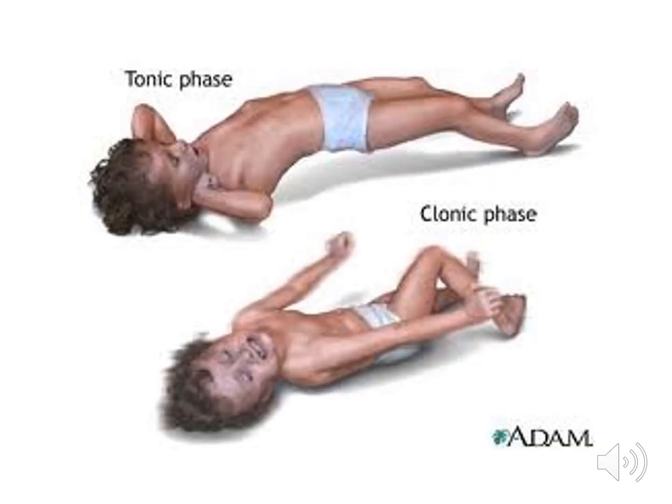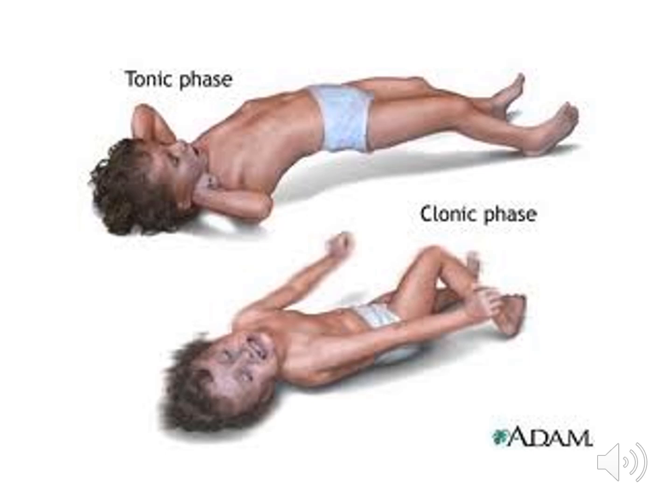Now, there's a couple of different kinds of changes in motor activity that you might see during a seizure. The one that most people think of when they think of somebody having a seizure is tonic-clonic activity.